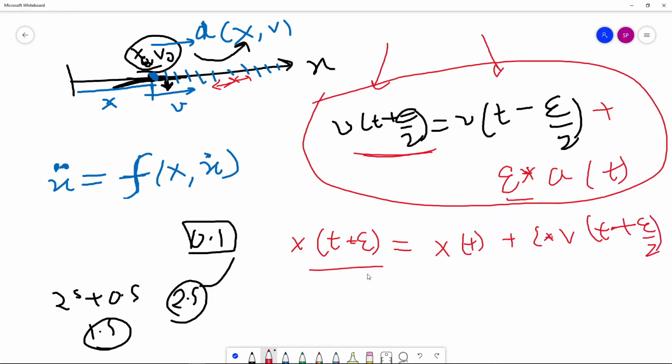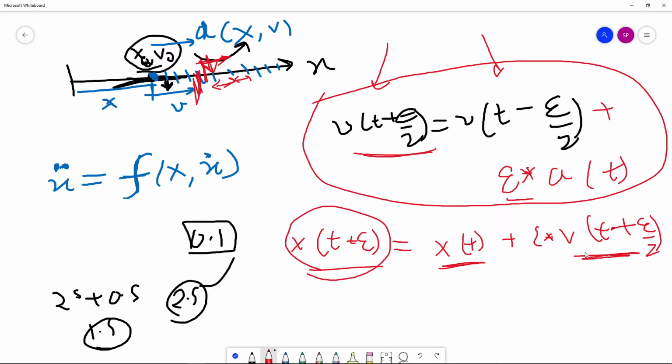So to calculate any new position like this one, we need the velocity at this midpoint, not a spatial midpoint, not in space, but the midpoint in between the time intervals, at e by 2. And using the old position, we can know the new position.